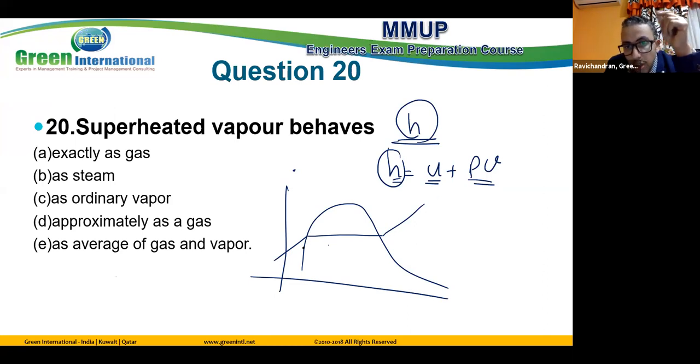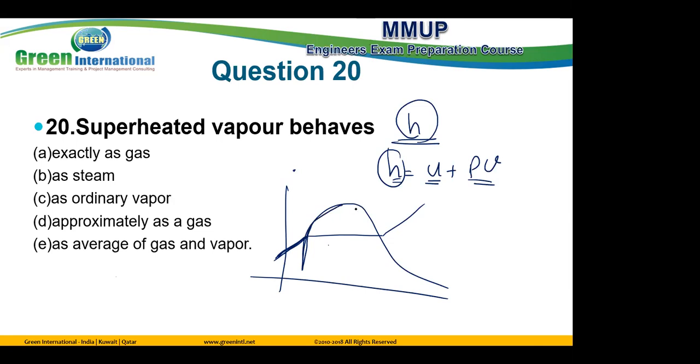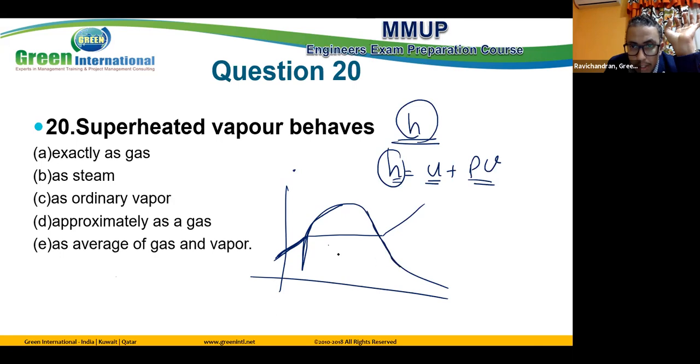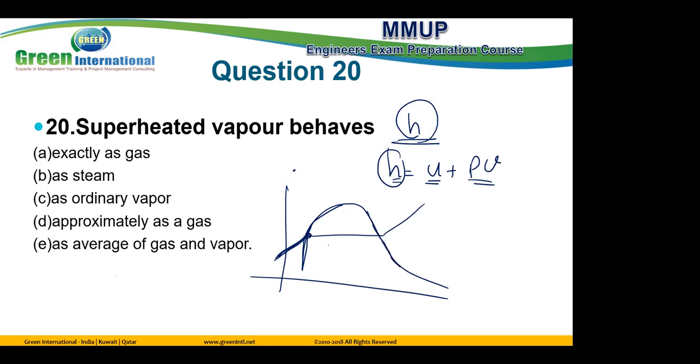At a certain pressure, in this range the phase is totally liquid until it reaches this line and intersects the saturated line: saturated liquid, saturated steam. In this region it starts to boil at this temperature.